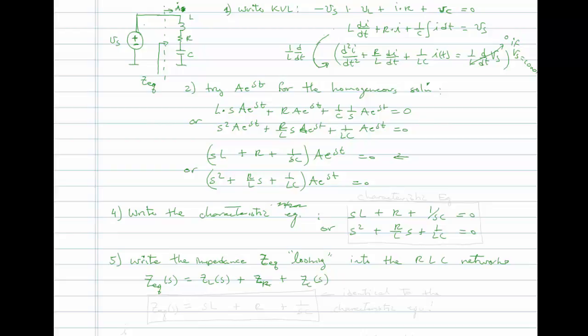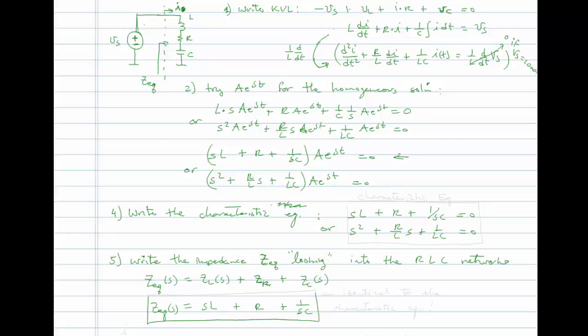If they were in parallel, they would combine in parallel just like resistances. So let's plug in what the impedance is for each of these elements. It's SL, as we found, plus R, plus 1 over SC.